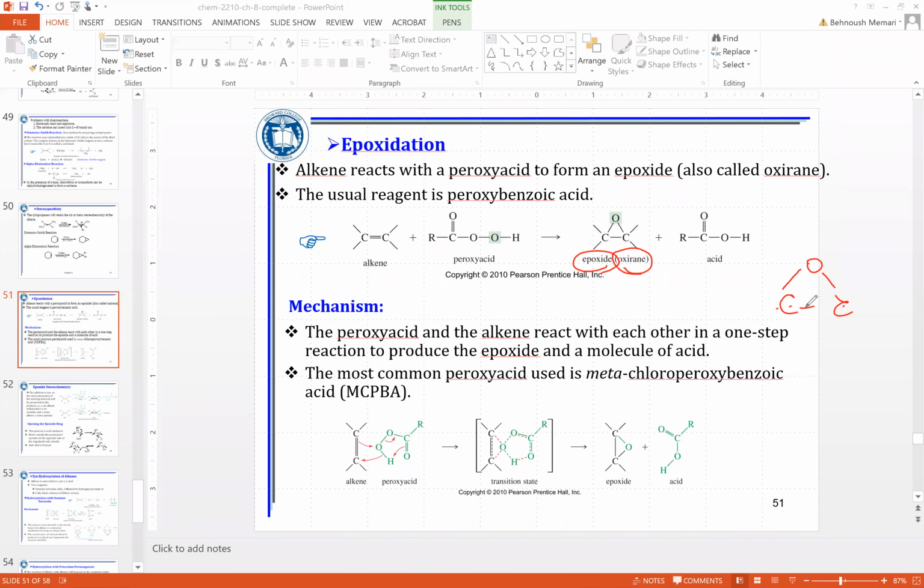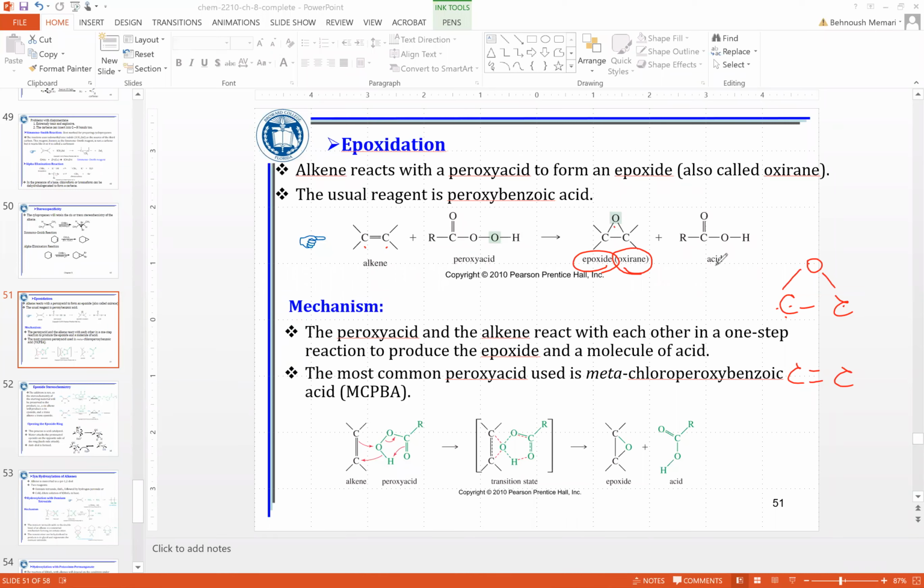The name ethylene oxide comes from the 2 carbons: a 2-carbon alkene is ethylene, and then adding oxygen would be ethylene oxide. The reagent that you are using for epoxidation, see what is needed from the carbon-carbon double bond to go to the epoxide is addition of oxygen.